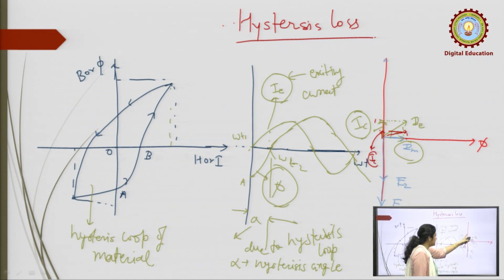This is how the hysteresis loss or the core loss is incorporated into the ideal transformer.